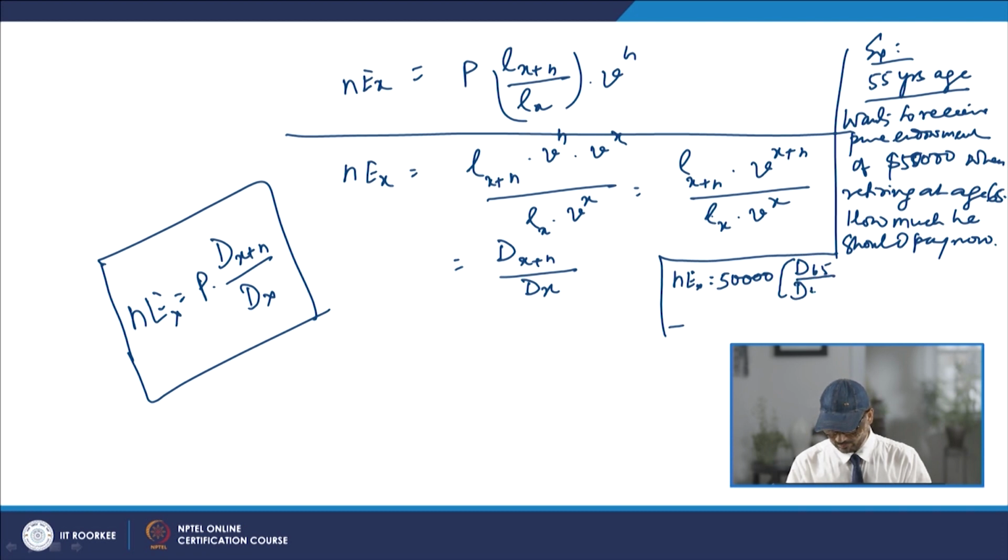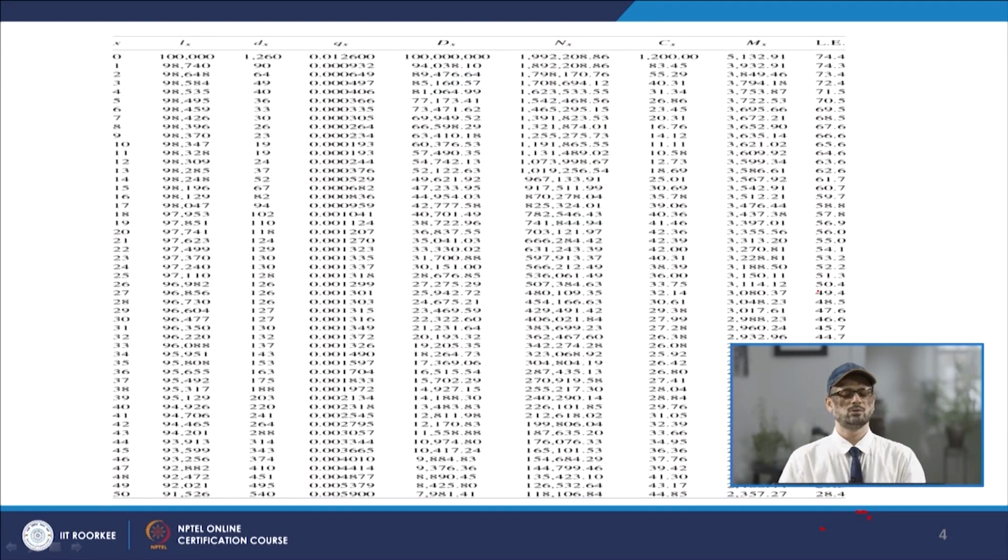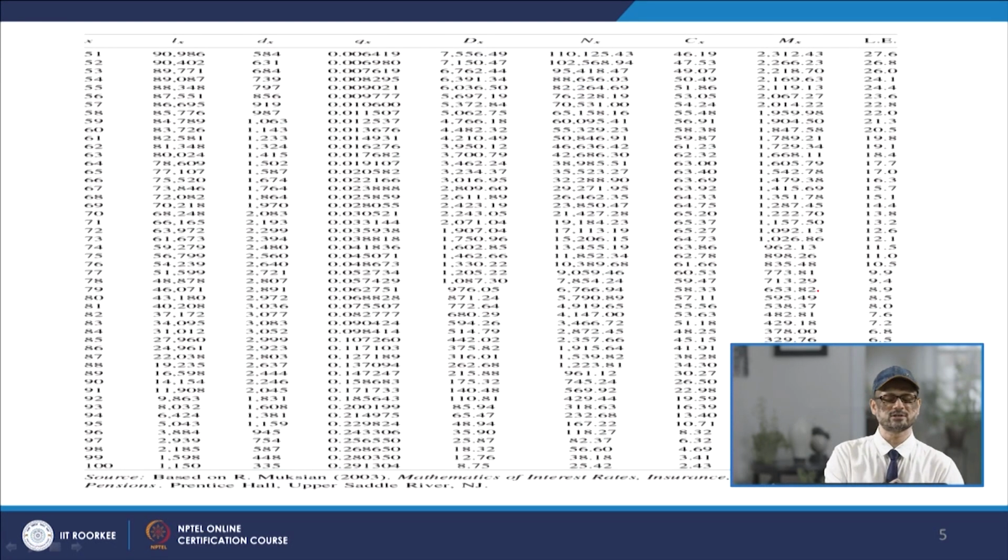So, directly you can use this table, and if you look at the table, D65 will be here. D65 is coming out to be 3234.37, and D55 will be here. So, this will be 6036.50.